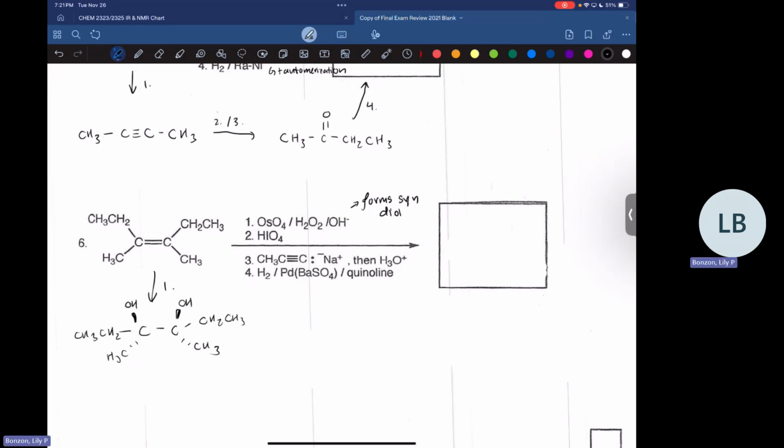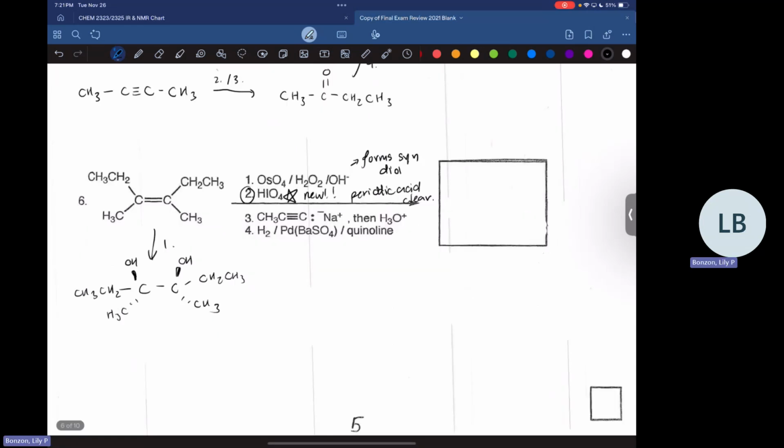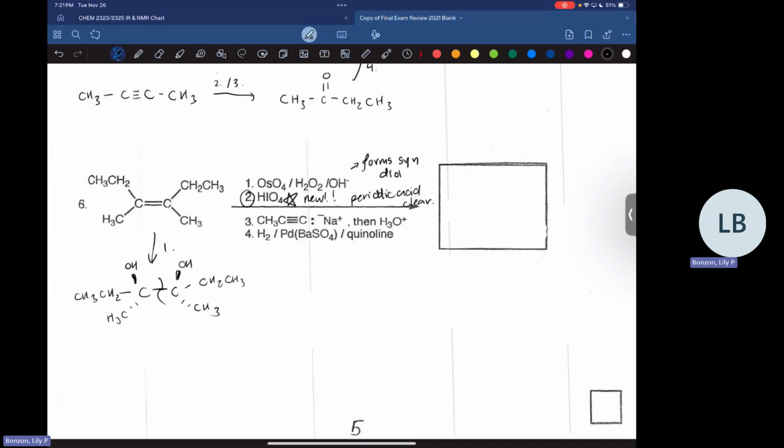Our next step is a new reaction. This one's the periodic acid cleavage. And so this one splits the molecule between the two alcohols, and then it will turn the alcohols to ketones or aldehydes.